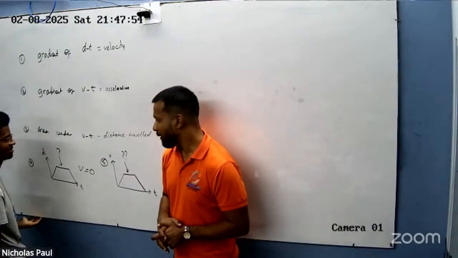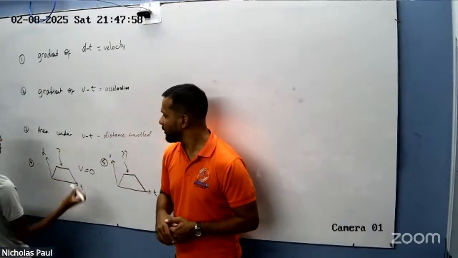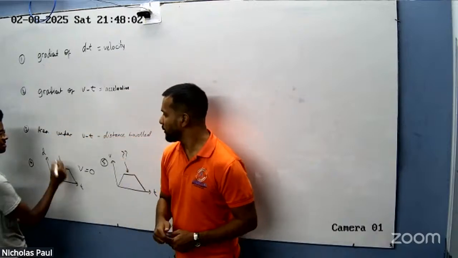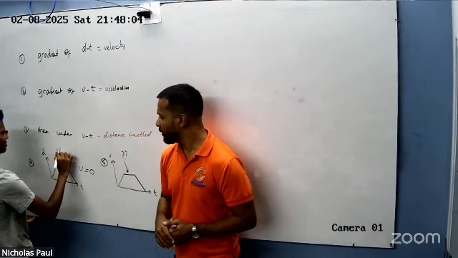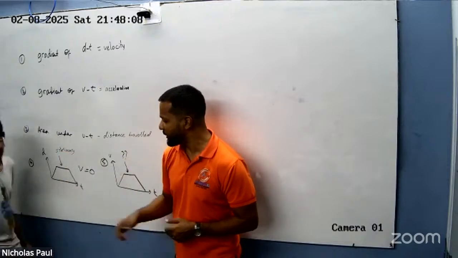All right, I prefer to write stationary, so take off the question mark and put stationary. On a displacement time graph, if you see a horizontal line, it means stationary.